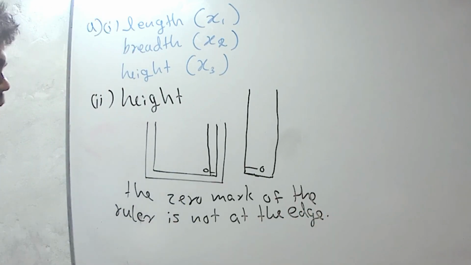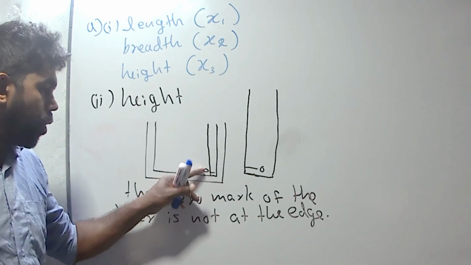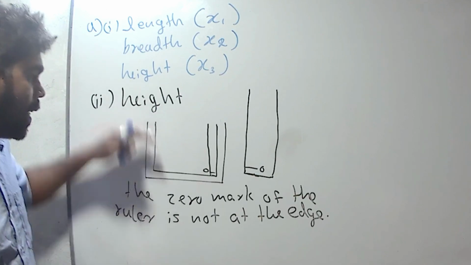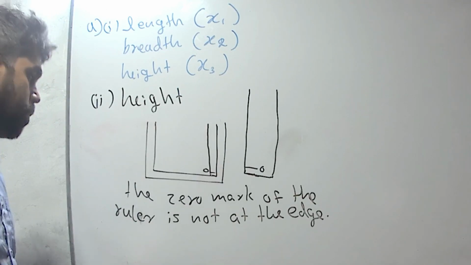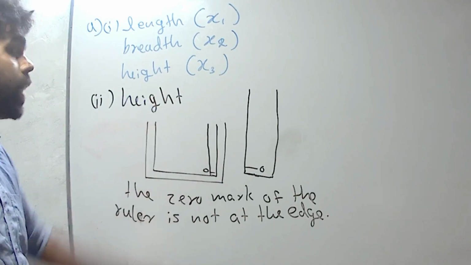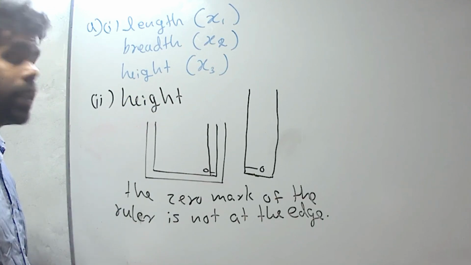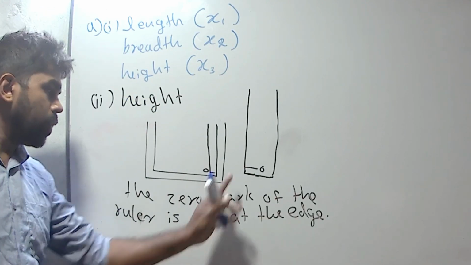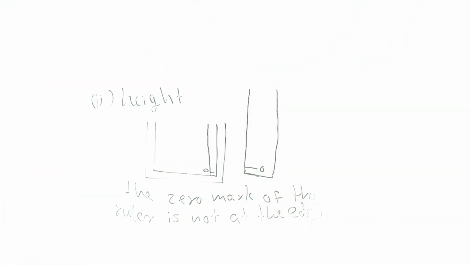Therefore, we can't place the ruler such that the 0 mark is at the bottom of the container. We can get breadth and length correctly, but we can't get the height measurement correctly because of this gap.